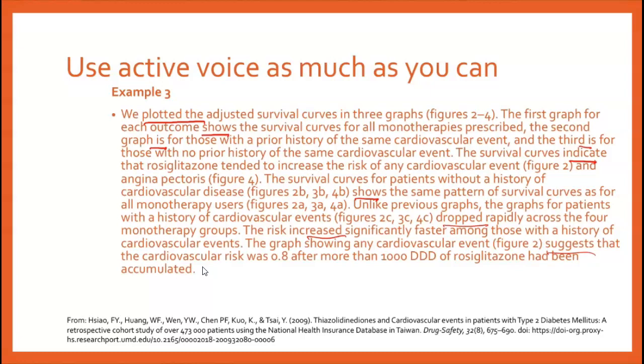There's an active way to describe it. And you might notice there is a switch in tense here as well. Again, we plotted, reminded you what they've plotted. But then when they're describing what actually is being plotted and what these curves or figures show, they're using the present tense.